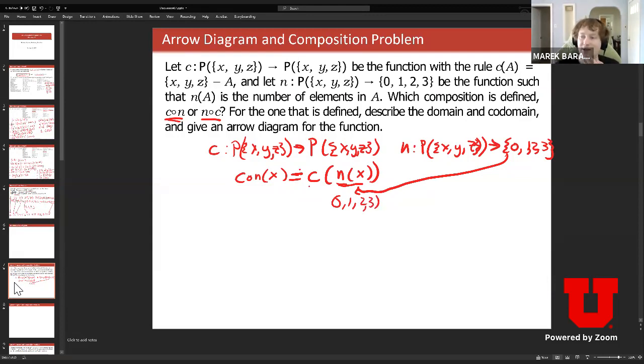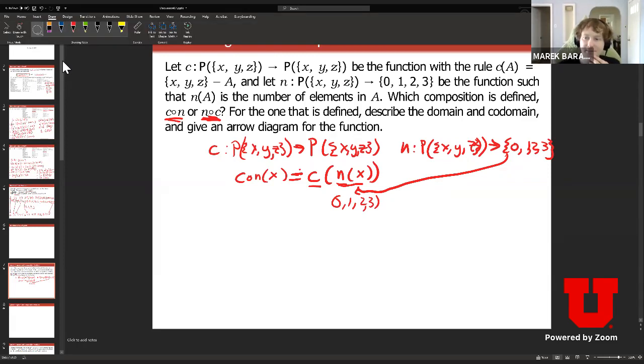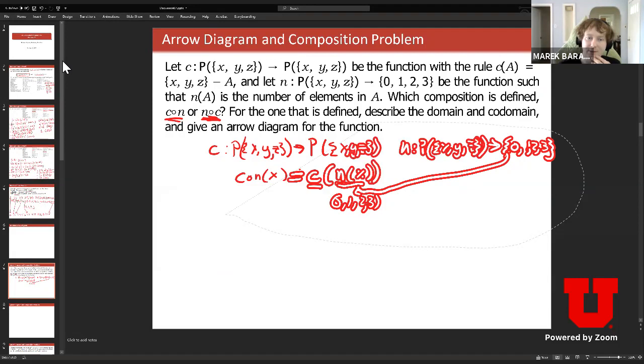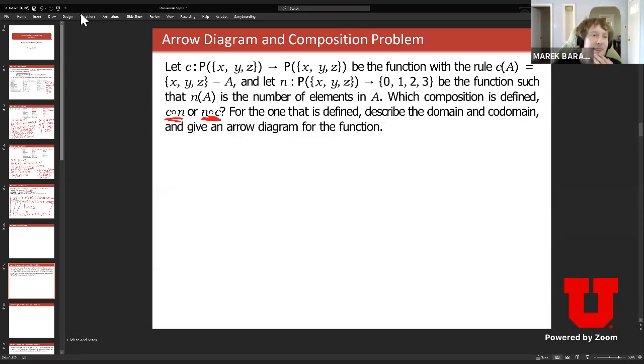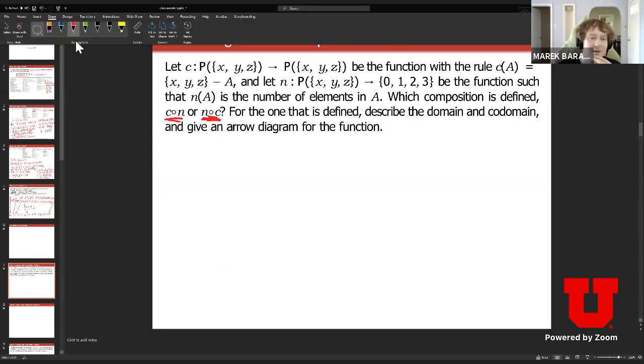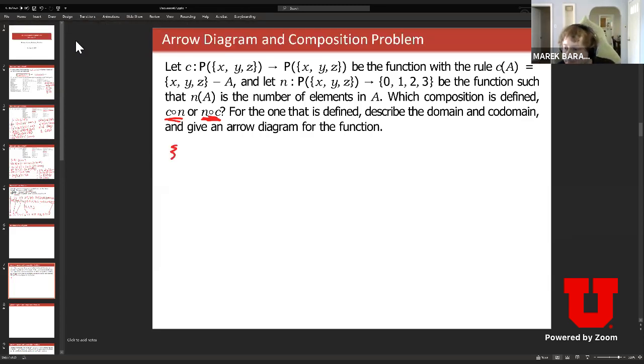C can only handle elements of the power set. So the only one that makes any sense is N of C. So any questions on that? So we're going to have 2 copies of the power set. Yeah, so C takes elements from a set to the same set.